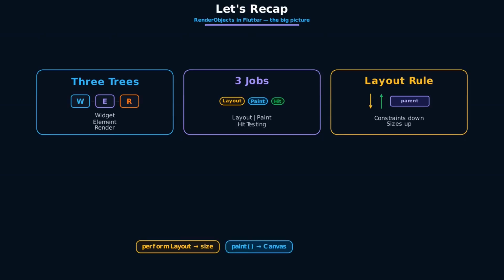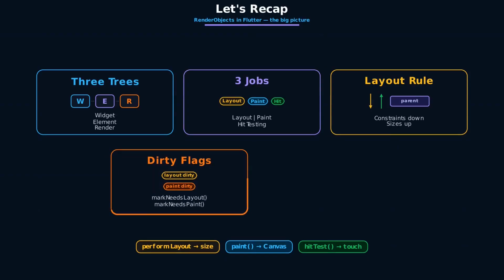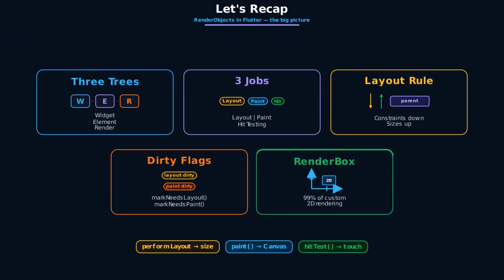The paint method is where drawing happens on the canvas. hitTest determines if a touch point lands inside you. markNeedsLayout and markNeedsPaint make Flutter's rendering efficient by only updating what actually changed. And RenderBox is the concrete subclass you'll use for 99% of custom rendering in 2D space.